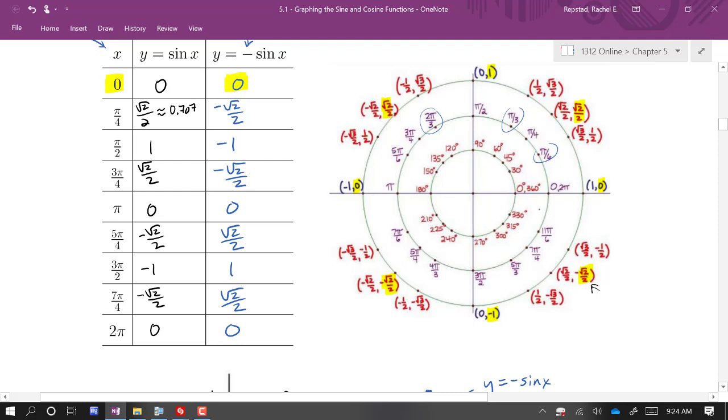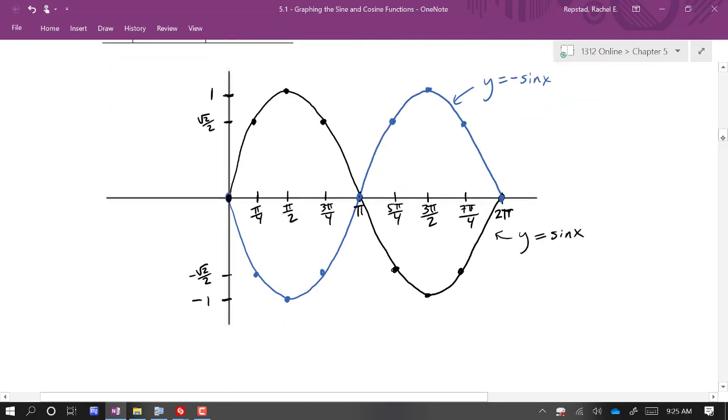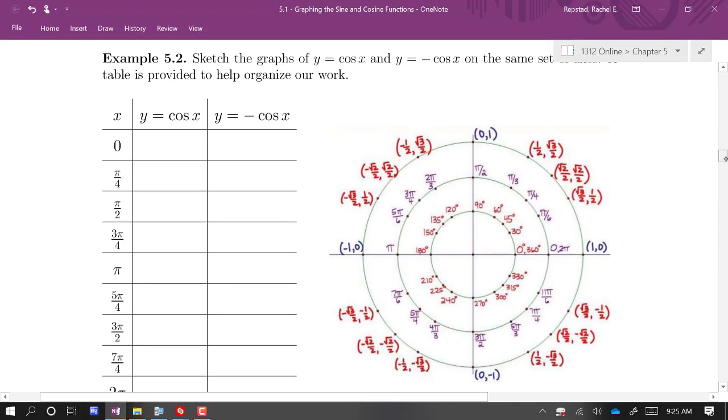And once I get to angles bigger than 2 pi, I'm just repeating the same values. So we say that this function is periodic for that reason, and there's a repeating pattern, and we only need to graph one go around the circle, basically. If I did graph further out, it would just be the same pattern, the same kind of wave that would repeat itself forever. So now let's do the same thing with the cosine function.